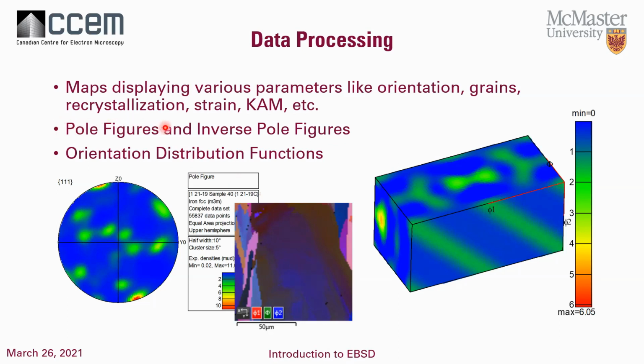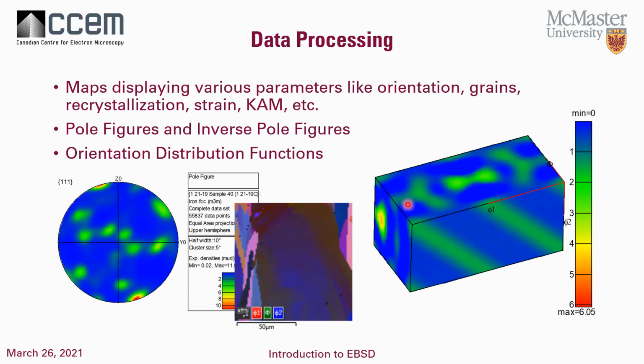You can also do texture analysis, where you're doing pole figures or inverse pole figures. So you see a pole figure here from a particular plane, and we've related it to the acquisition surface, so the Z, Y, and X directions.